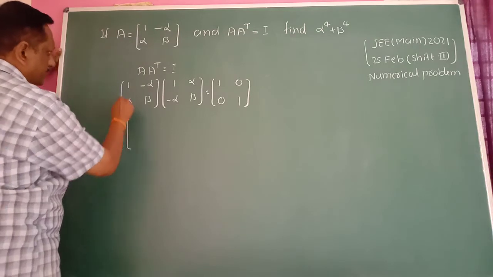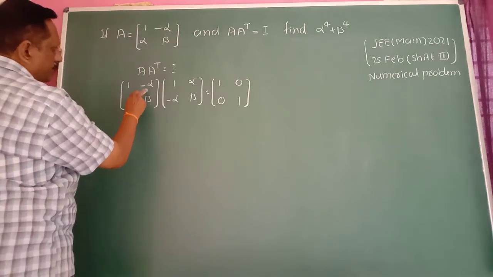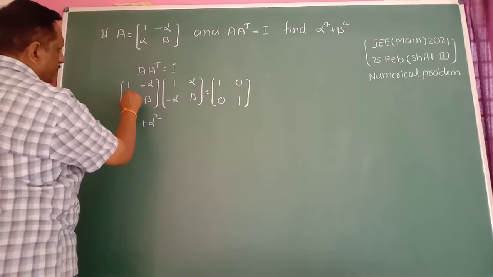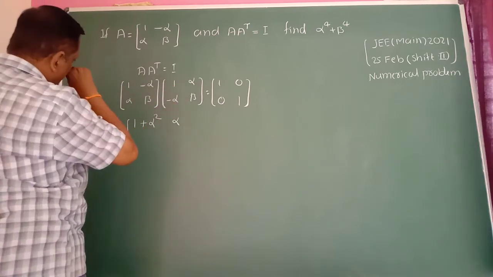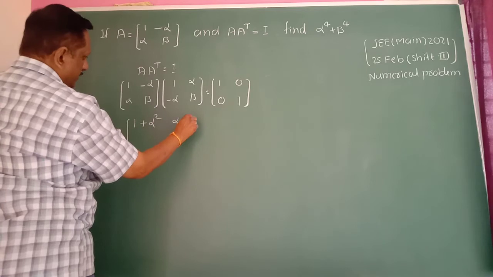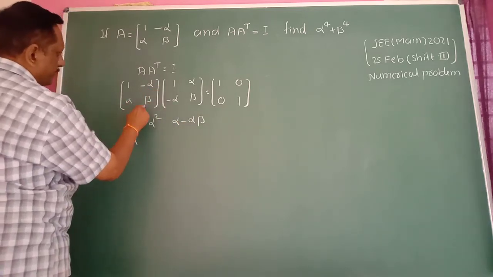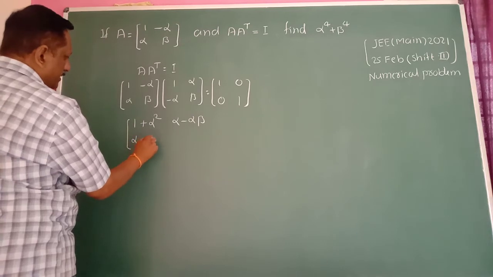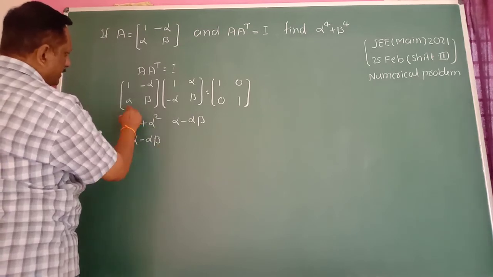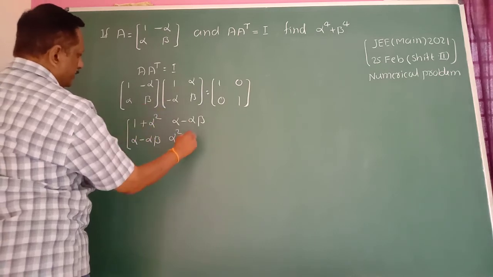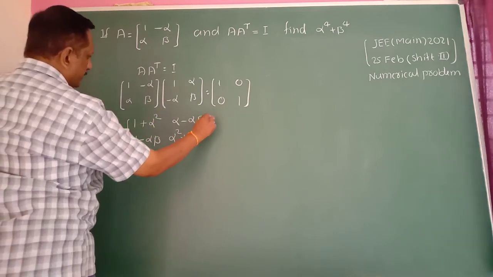Multiply the matrices here, 1 into 1 becomes 1, minus alpha into minus alpha becomes plus alpha square here, 1 into alpha becomes alpha, minus alpha into beta, minus alpha beta here, alpha into 1 becomes alpha here, beta into minus alpha, minus alpha beta here, alpha into alpha becomes alpha square plus beta into beta becomes beta square here.